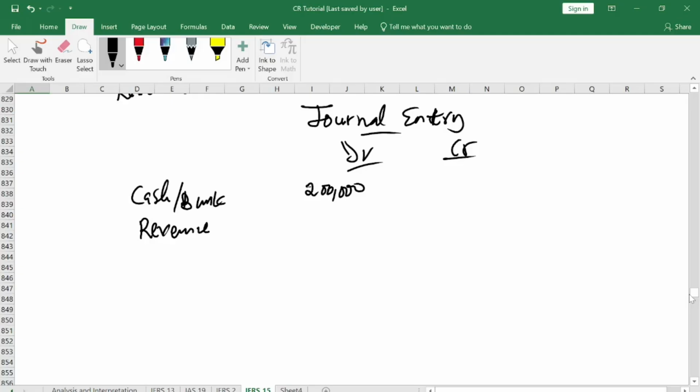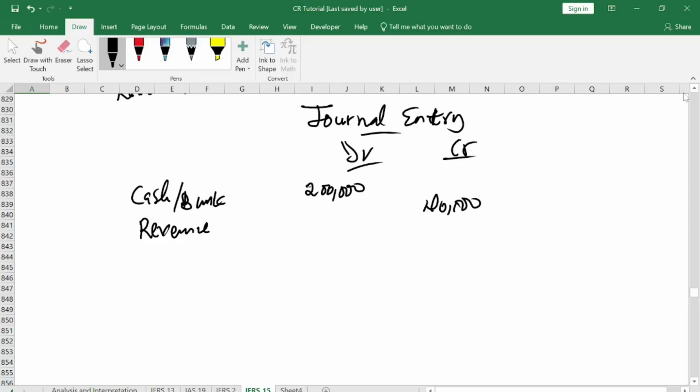So you can record only 40,000 of the total. Well, that is what he was able to perform, right? So on the performance obligation, we were able to perform 40,000 of the total contract sum of 200,000.